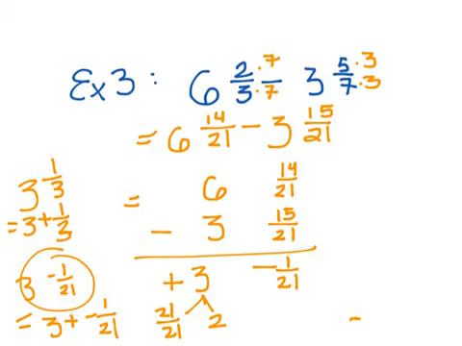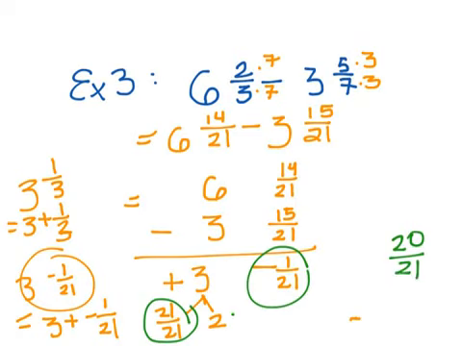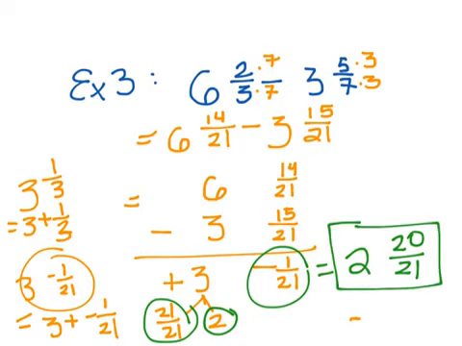Okay, if I'm subtracting 1/21, what's actually happening is I am getting this minus 1/21. That gives me 20/21s, and my whole number, which was 2. So that's actually 2 and 20/21. And that is not divisible by anything, so that would be my final answer.